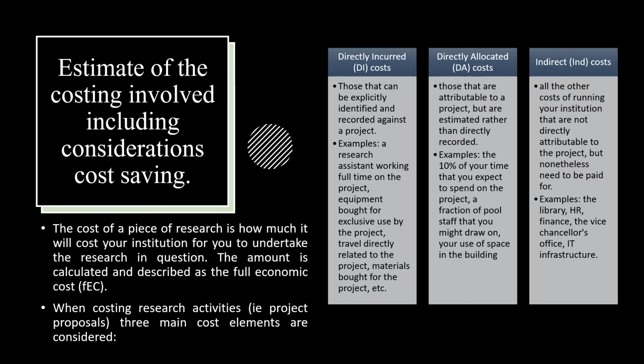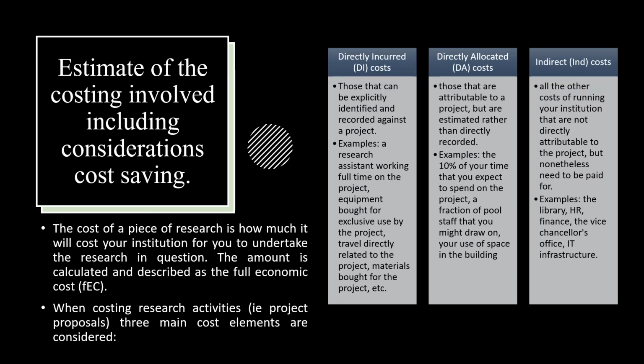Directly incurred are those that can be explicitly identified and recorded against a project. For example, a research assistant working full-time on the project, equipment bought for exclusive use by the project, travel directly related to the project, materials bought for the project. For directly allocated, those are attributed to a project but are estimated rather than directly recorded.